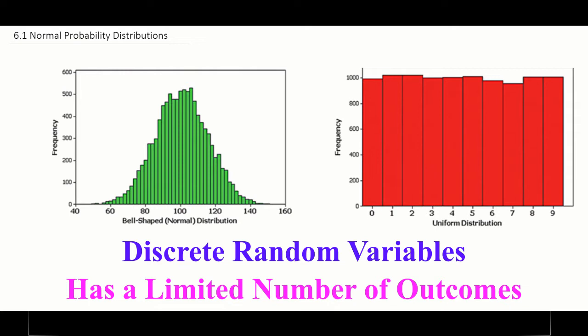Take the second graph, for example: you have 10 possible outcomes for x. Take the first one: you have at most 160, a number less than 160, of different outcomes. So these two are dealing with discrete random variables.